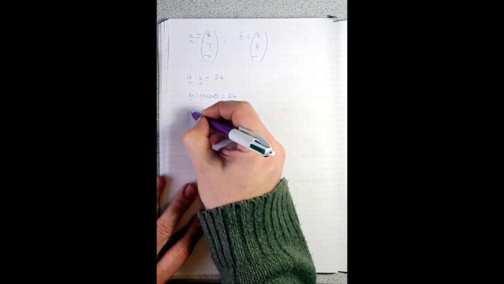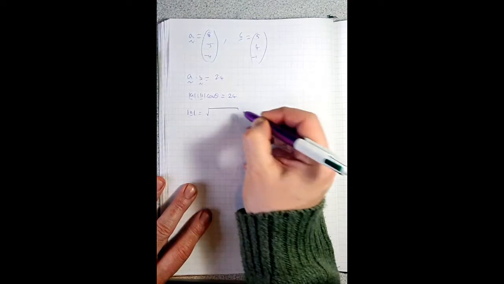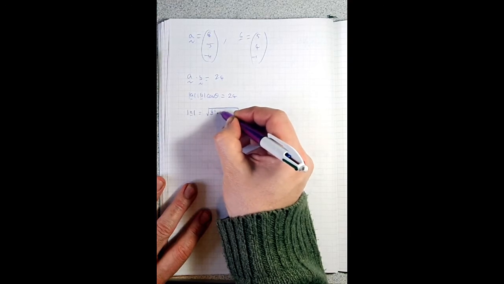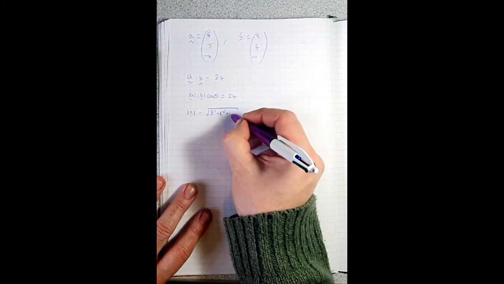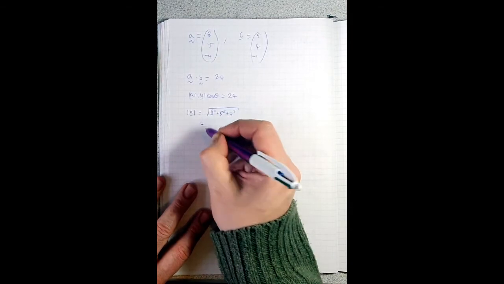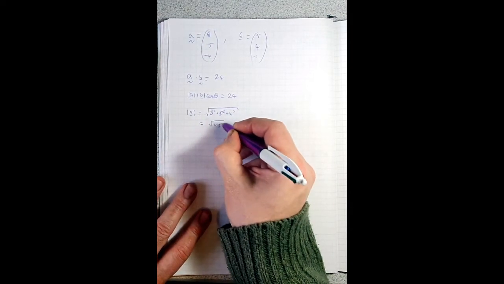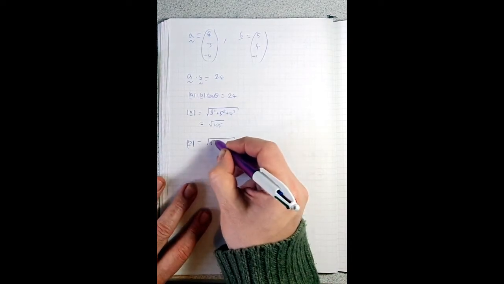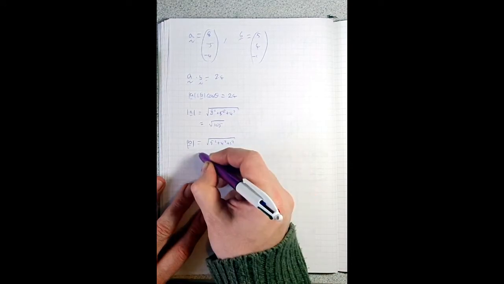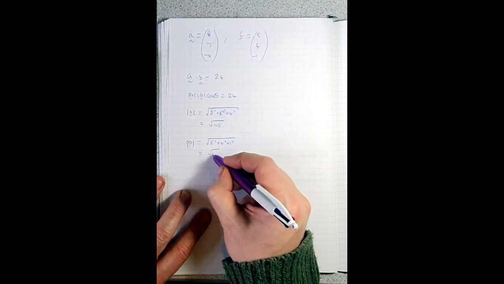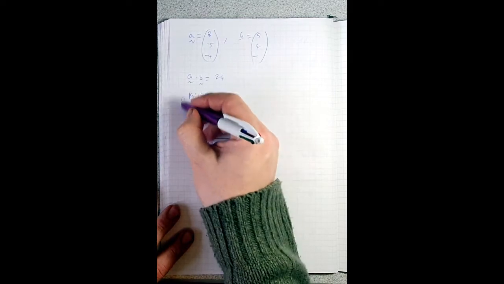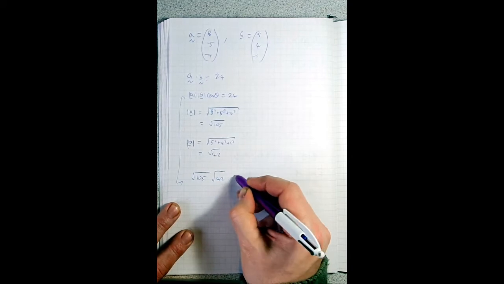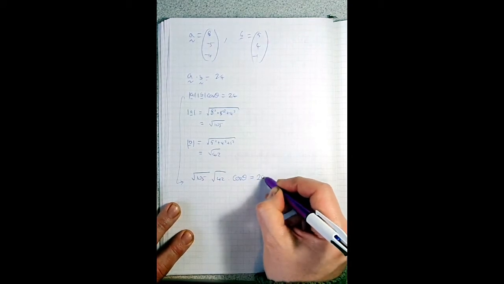Mod A, using Pythagoras, is 8 squared plus 5 squared plus 4 squared, root 105. Mod B is the square root of 5 squared plus 4 squared plus 1 squared, root 42. So root 105 times root 42 times cos theta equals 24.